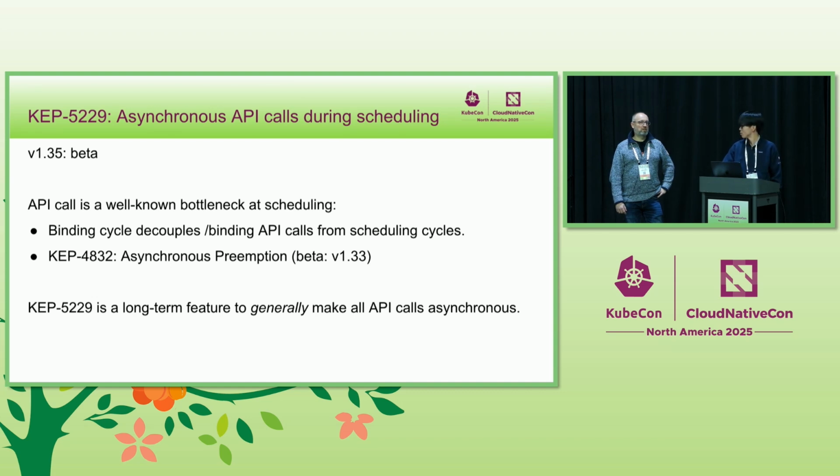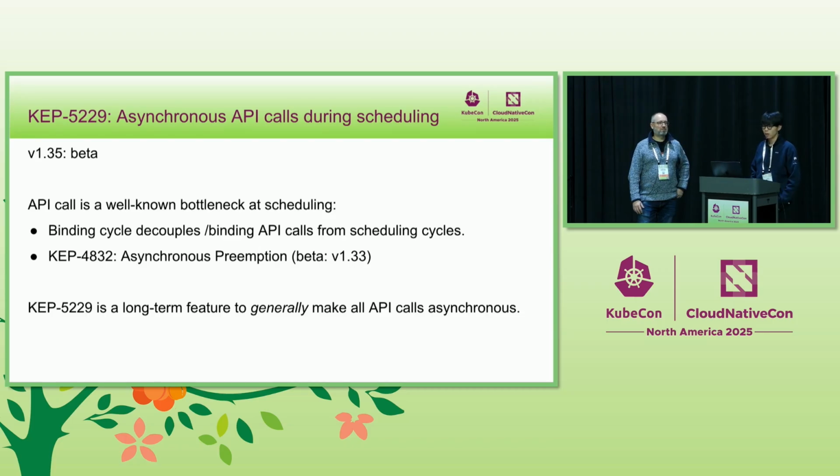One of the motivations is to not have any API calls blocking the scheduling cycle itself, because we want the scheduling cycle to be very fast. We can do API calls either in the background or during the asynchronous binding and actuation phase, but not necessarily in the scheduling cycle loop. Right, so this is what it is.